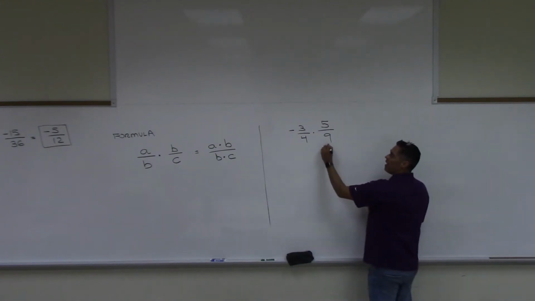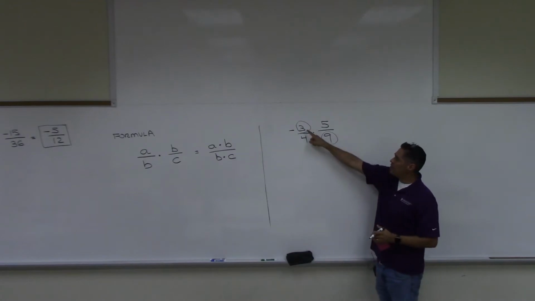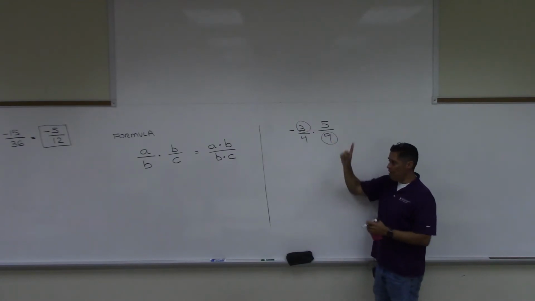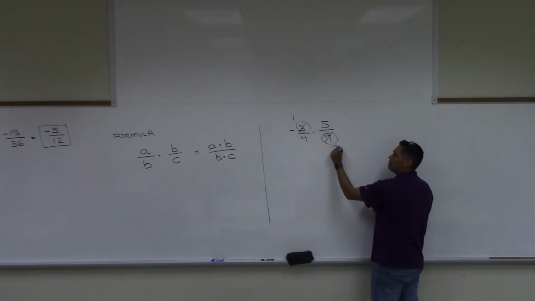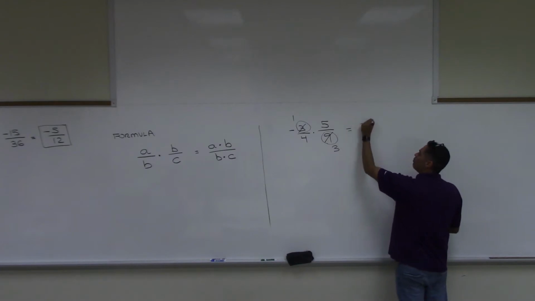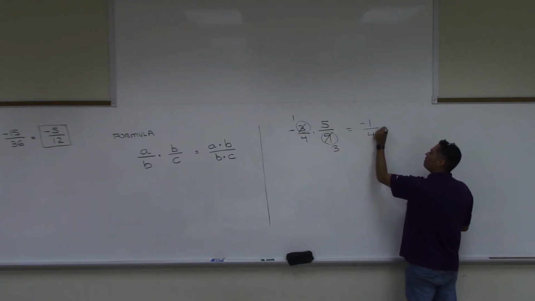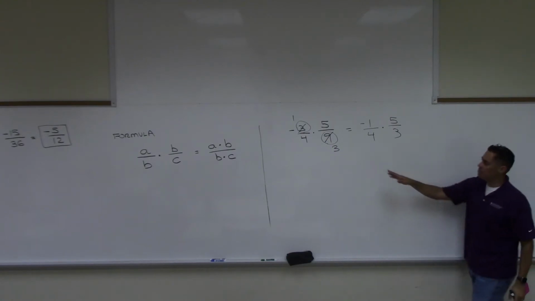Okay, so you can realize that 3 goes into both of these, right? 3 goes into 3 how many times? Once. 3 goes into 9 how many times? 3 times. And so now what we really have here is a negative 1 over 4 times a 5 over 3, right? That's really what that is.